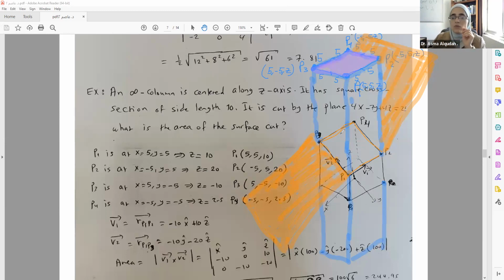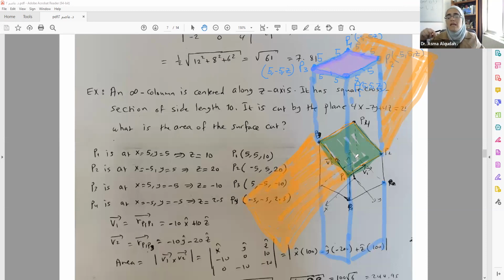Okay, now the question is telling me to find the area of this shape, the one formed from the cutting process. Okay, so what is needed is we want to find the area of this surface, or the area of this shape.